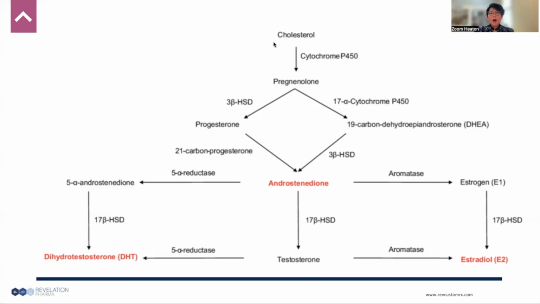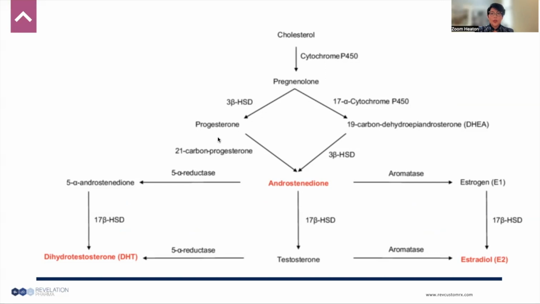So it starts off at cholesterol, and using the cytochrome P450, it's converted to pregnenolone. And pregnenolone is the mother of all hormones. And from pregnenolone, you will see that it makes all of the vital hormones.